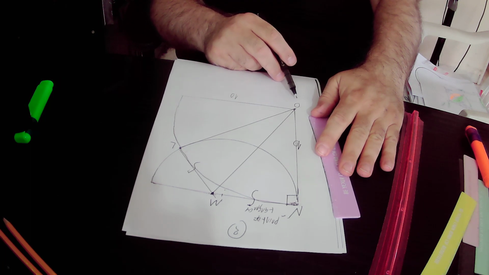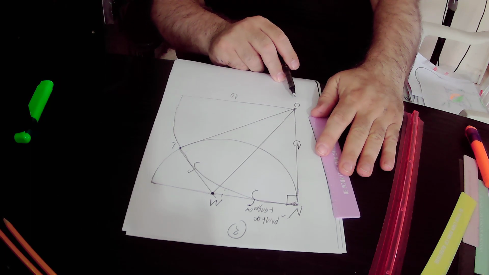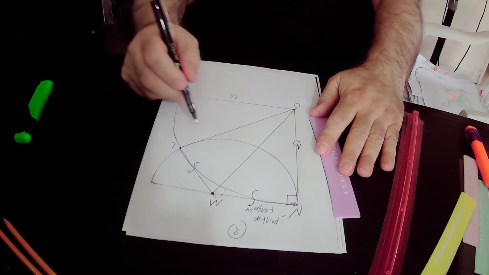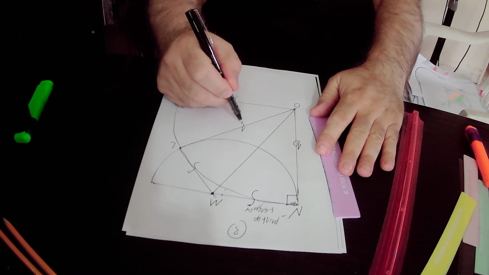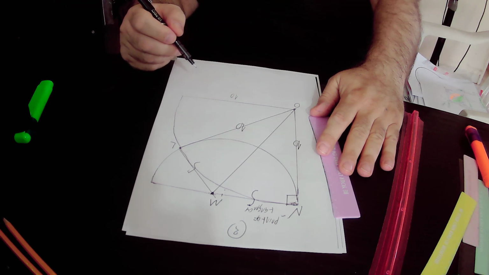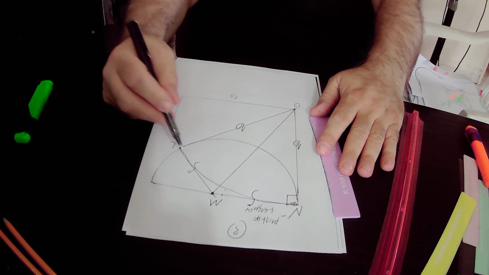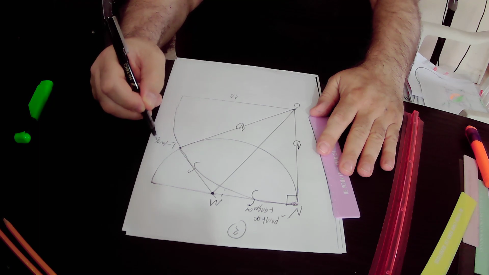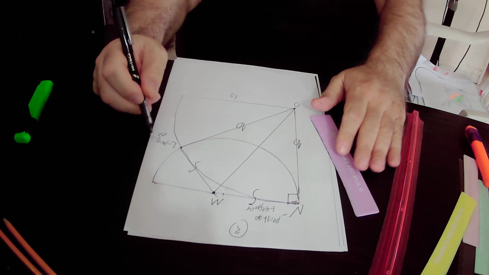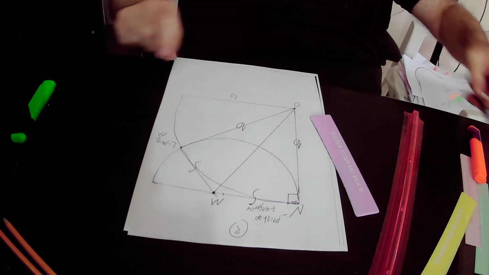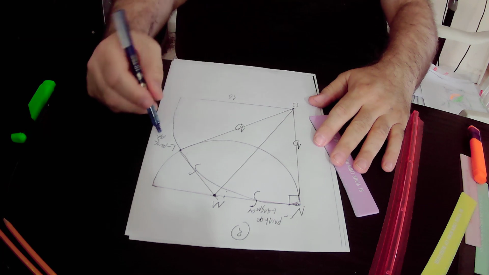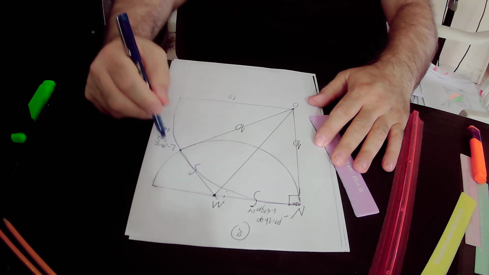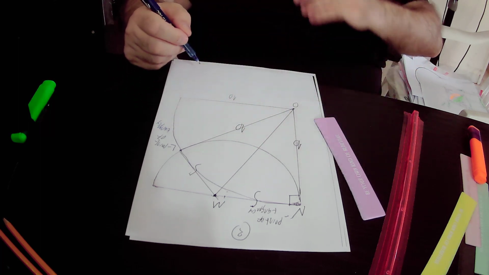Here point O is the center of the quarter circle, point L is the point on the quarter circle itself, that is to say OL is the radius of the quarter circle, that is equal to 10 units. But L is also the point of tangency of tangent ML with this quarter circle.